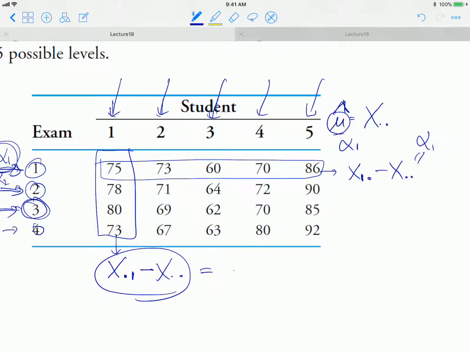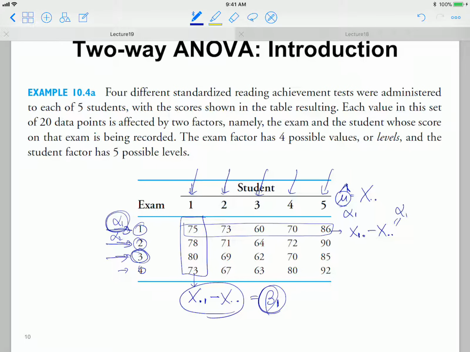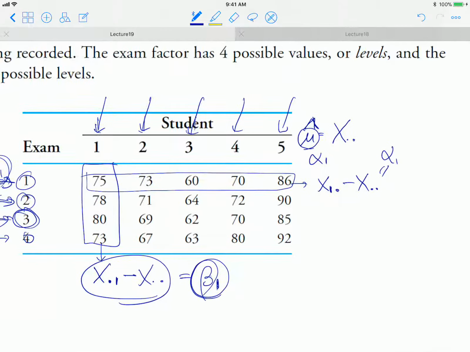It is the estimator for beta 1, which is corresponding to like the capability of the first student, right? Okay, so we now obtained the estimator for the true global mean value of mu, and estimator for beta 1 and estimator for alpha 1.